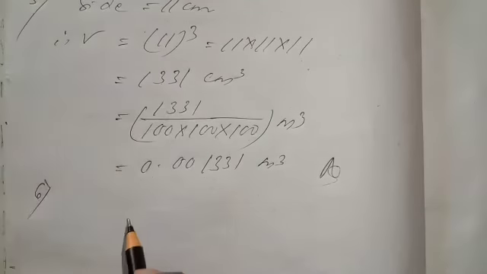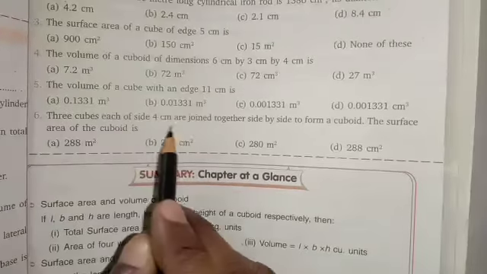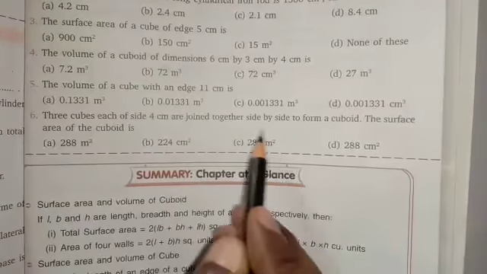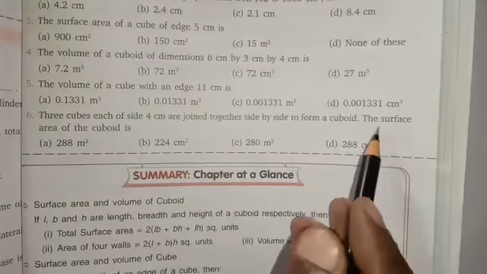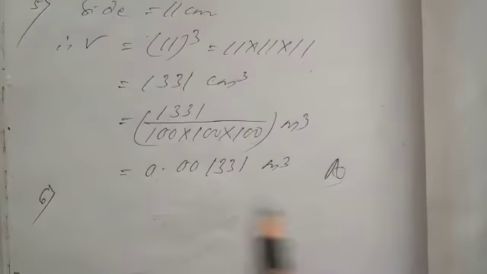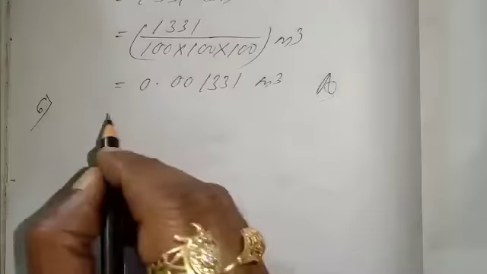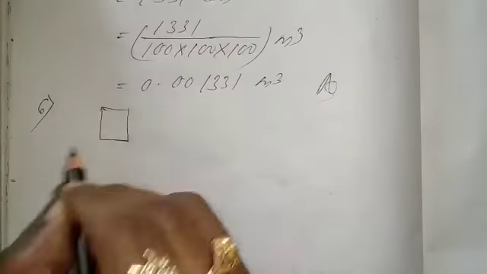Number 6. 3 cubes each of side 4 centimeter are joined together side by side to form a cuboid. The surface area of the cuboid will be how much? See, in the case of question number 6, 3 cubes each of side 4 centimeter are joined like this.